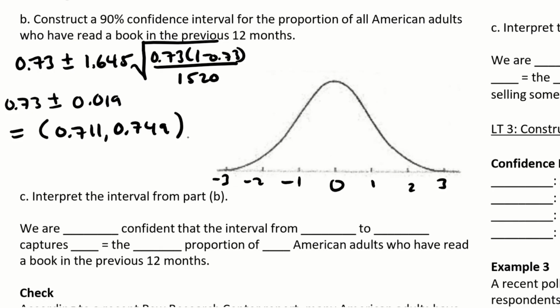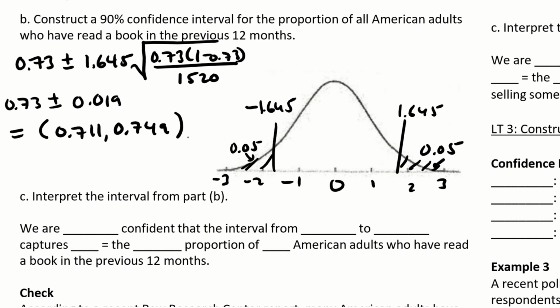That means 5% in each tail. And we calculated the z-score to be negative 1.645 and positive 1.645. And each of these areas is 0.05, right? Okay? And then this is the 90% confidence here.